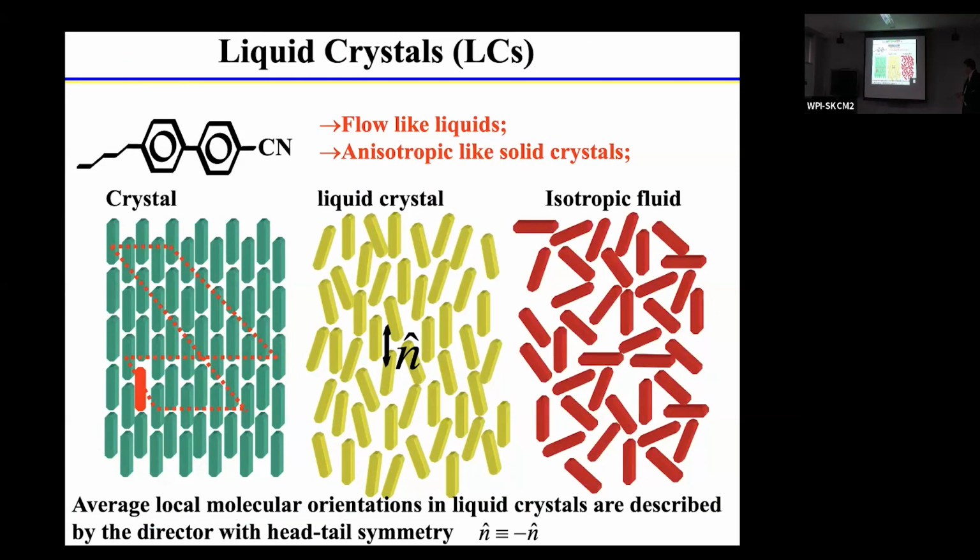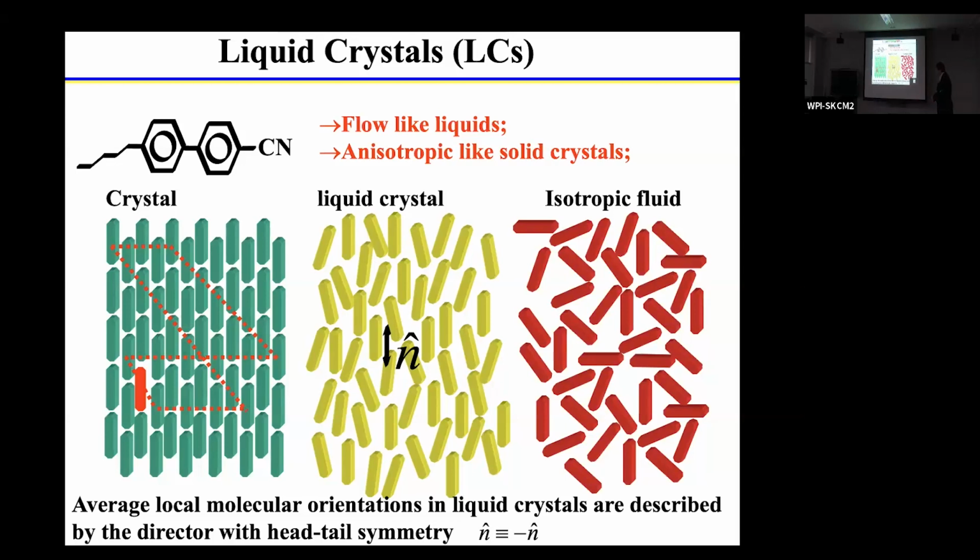And therefore, you have anisotropy combined with fluidity. So just like isotropic liquids, this liquid can flow, yet it has anisotropic properties similar to that of solid crystals, where, differently from liquid crystals, we would have both orientational and positional ordering.